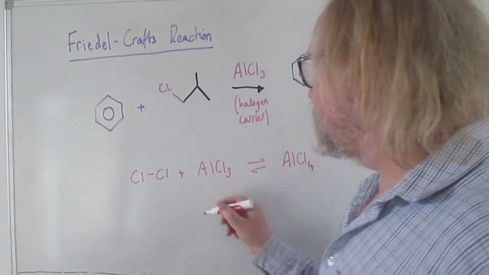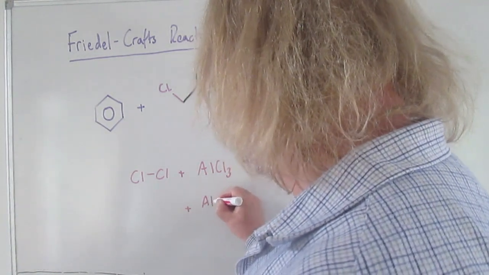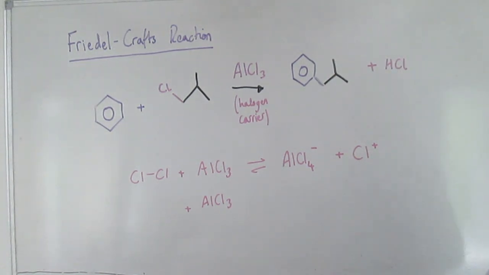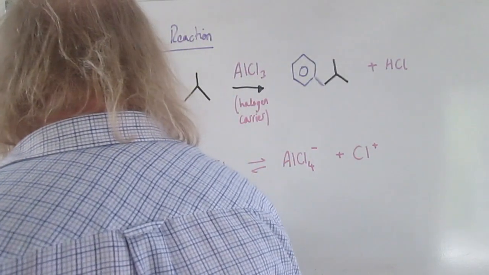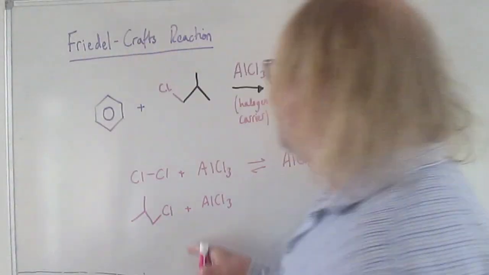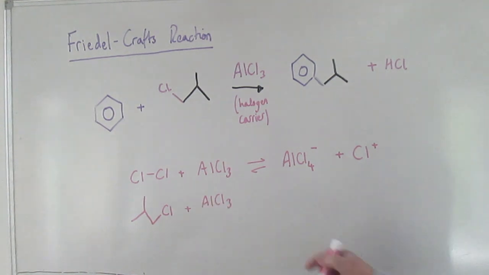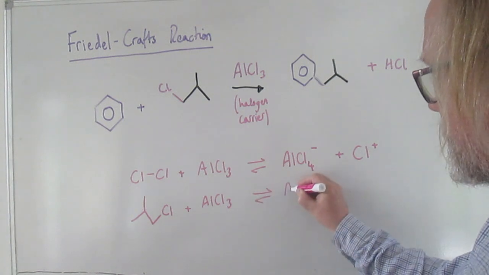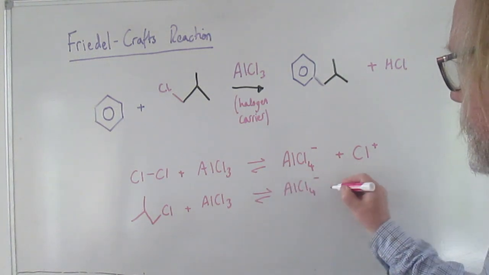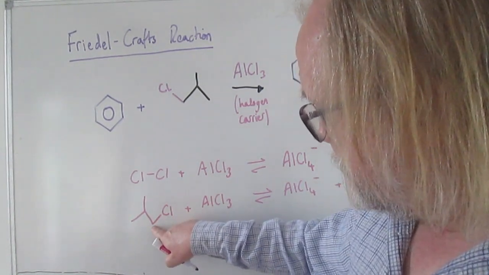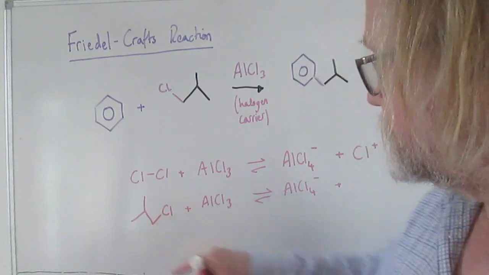So what's going to happen in this case is something very similar, because again the AlCl3 is just going to grab a chlorine from wherever it can, in this case from that compound. So, starting from that haloalkane, it's going to do that, and the pattern is exactly the same. It's going to grab that chlorine to give you AlCl4 minus, and what it leaves behind then is a carbocation with a positive charge there.